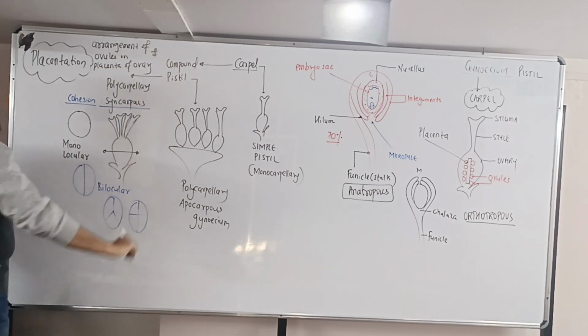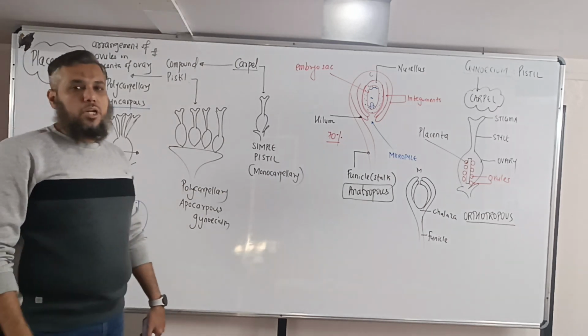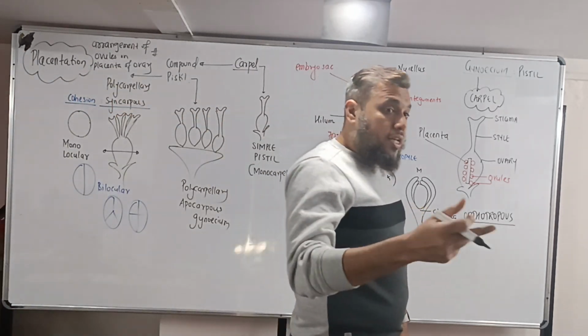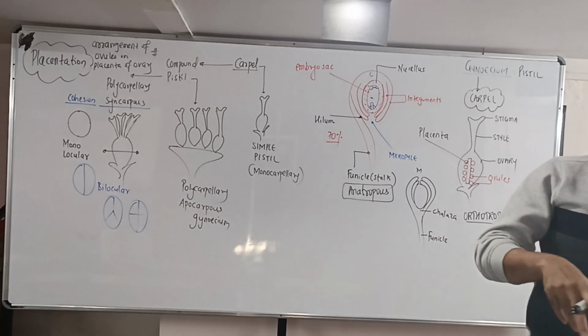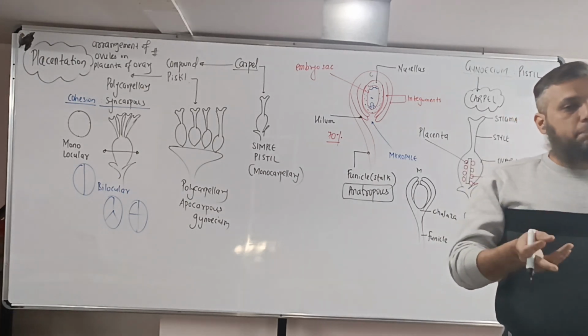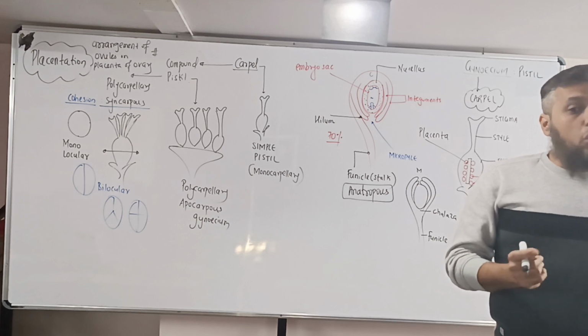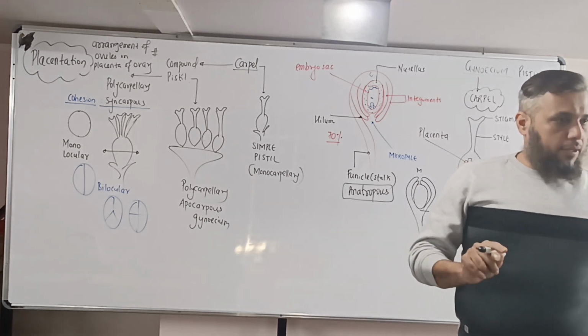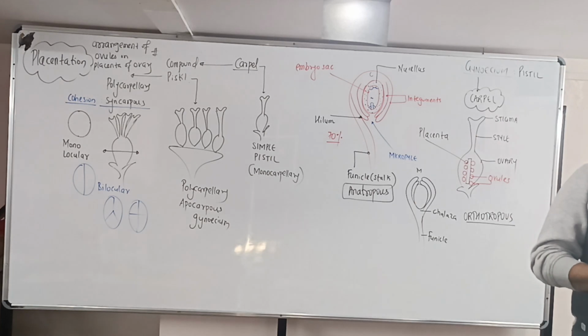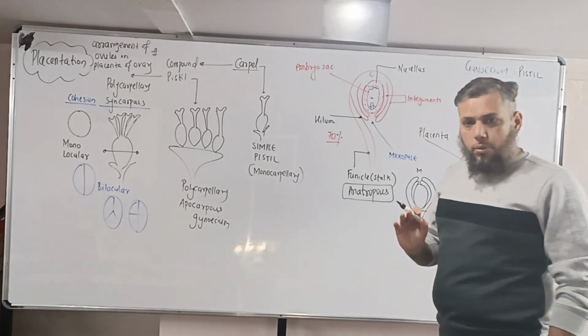Is my definition clear? What is placentation? Arrangement. What is estivation? Arrangement. Estivation is the arrangement of petals or sepals, whereas placentation is the arrangement of ovules on the placenta. Did my class follow? Give me yes or no.